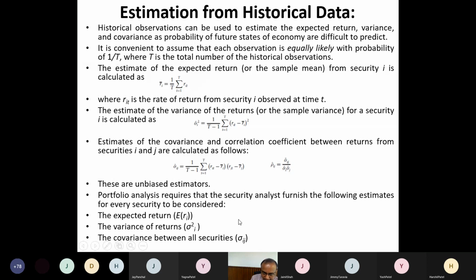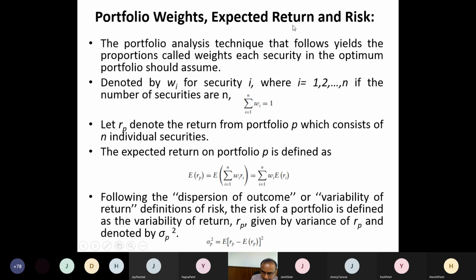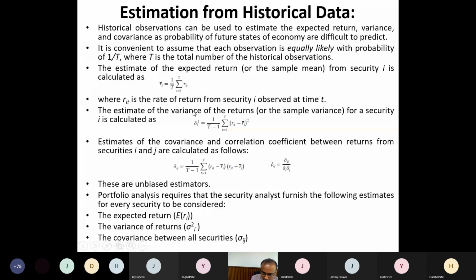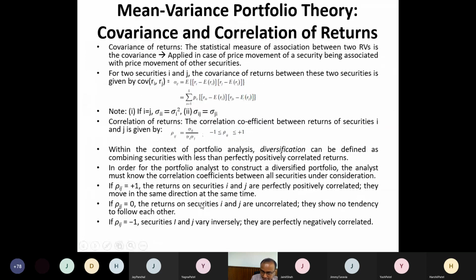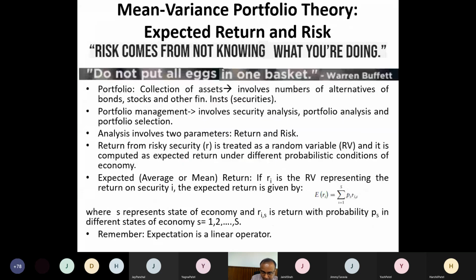But before I move to the next slide, which relates to portfolio weights, expected return and risk, we now move from a single security to the portfolio where we have n securities. Before that, let me summarize why we are learning this: we are modeling all this risk associated with the security, and then the portfolio risk, because this is a very important term.